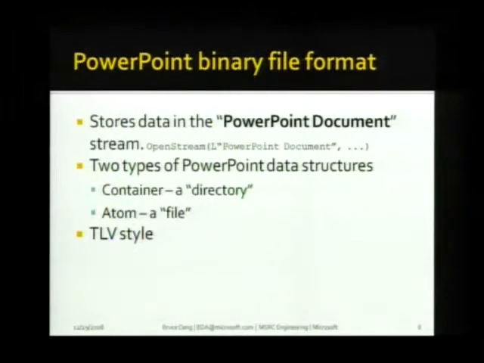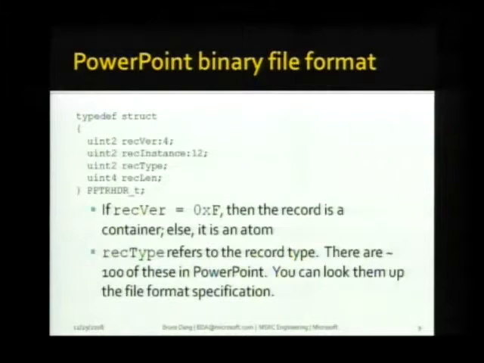The PowerPoint file format is also kind of like a file system. It has containers and atoms. A container is a directory, and an atom is a file, and the format is also TLV style. This is the record structure from PowerPoint; I think it's from the PowerPoint source code.